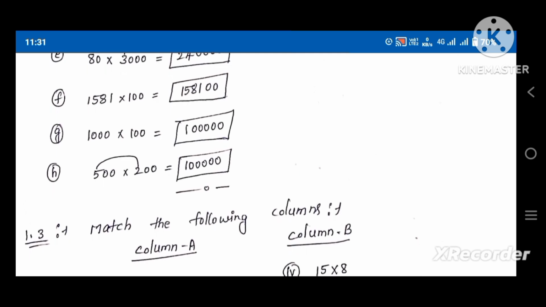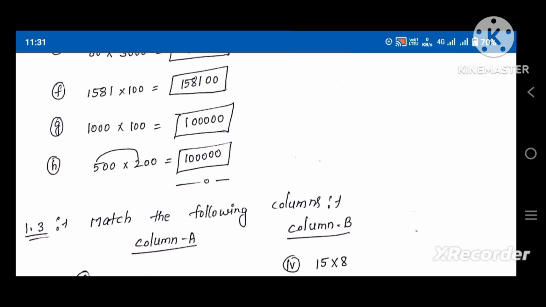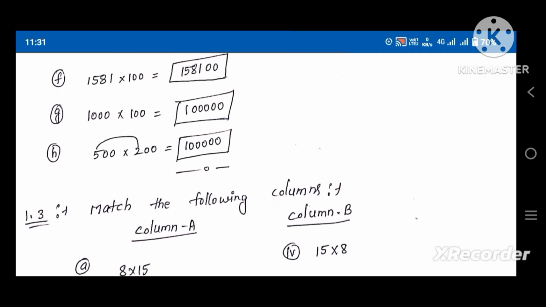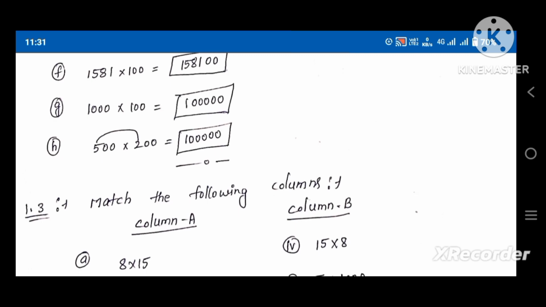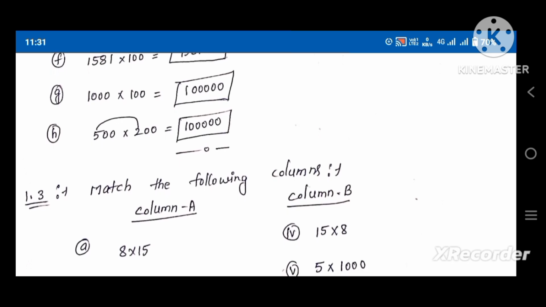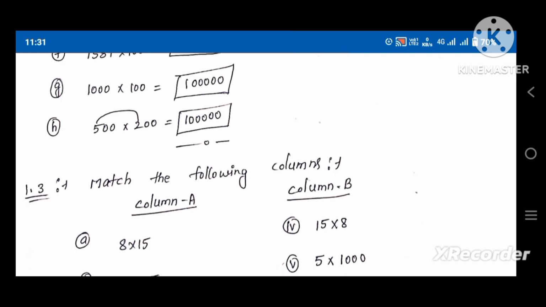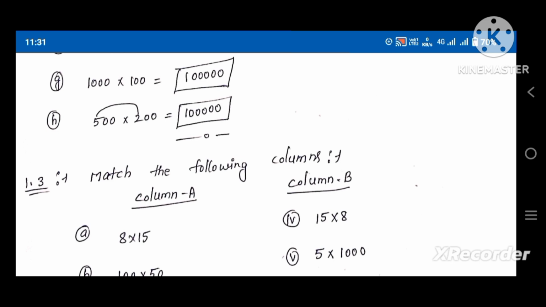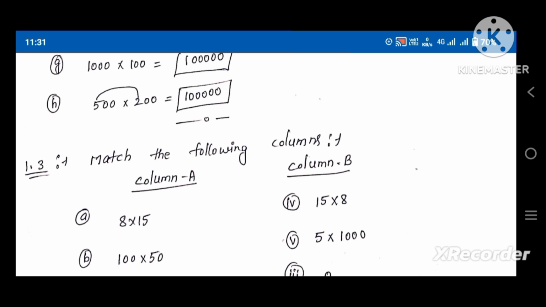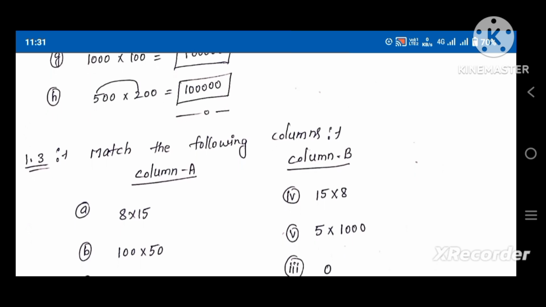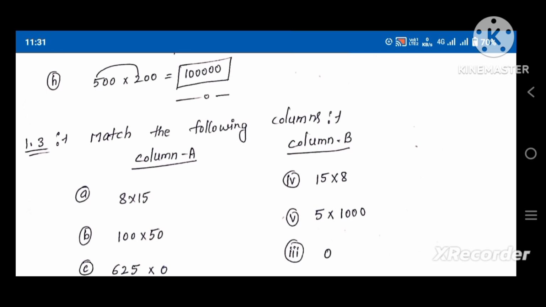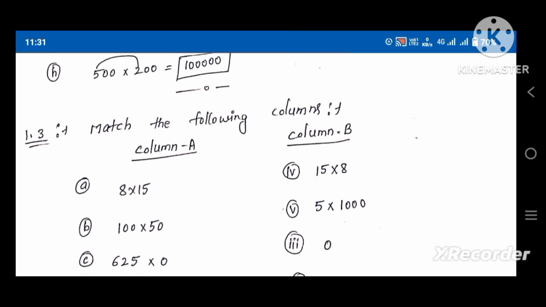1.3 Match the following columns, column A, column B. Question number A, 8 into 15 is equal to 15 into 8.